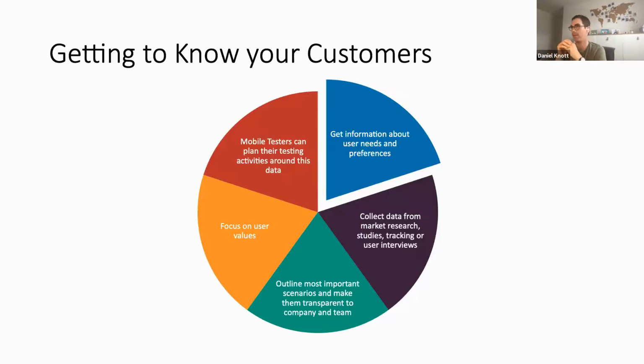And working in agile methodologies like Scrum or Kanban, you cannot test everything at every cycle. That's not possible. You have to focus, and focus is the key, from my point of view. If you know more about customers, you can really focus on things.